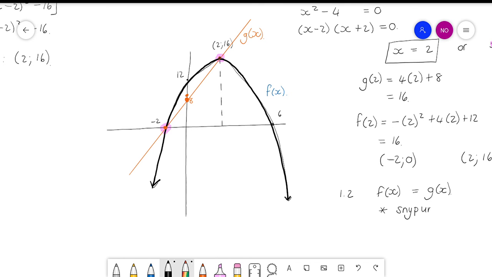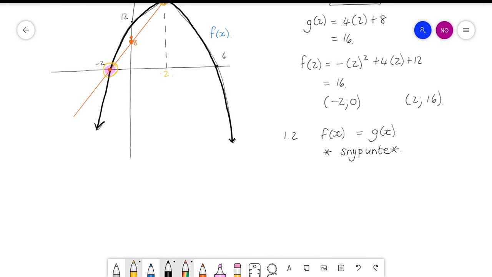At which x values do we have the intersects? And you calculated it already, but you can also read it off your graph. They will intercept at x negative 2 and they will intercept at x 2. Remember the question reads for which x values. So you must say it's at x equals minus 2 or at x equals 2.